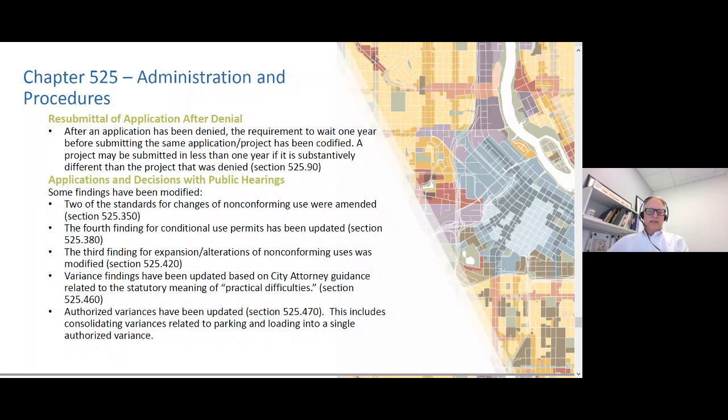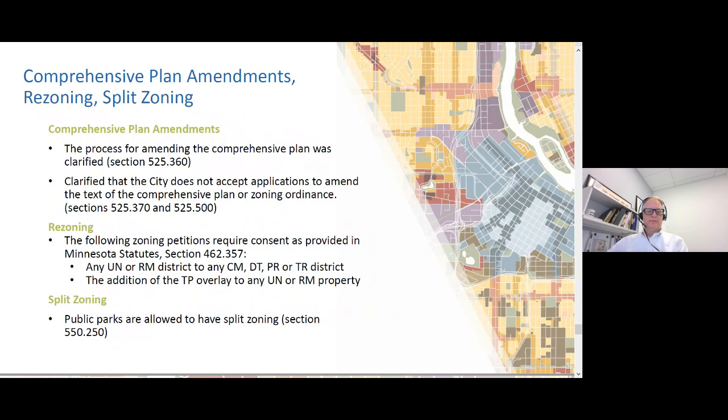Variance findings, the language has been amended a bit to clarify what practical difficulties means. And then a bunch of authorized variances have been combined into a single authorized variance, excuse me. There had previously been many parking and loading related variances that are now in a single authorized variance. Next slide, please.